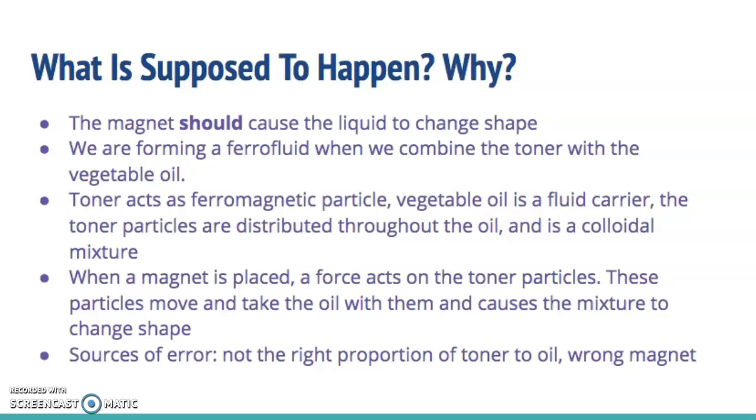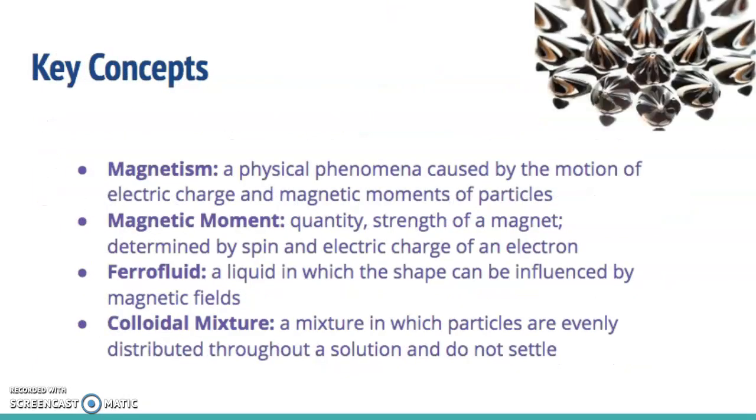But why should we see this? We should see this because we are making here a ferrofluid. So as we learned about before, a ferrofluid can be influenced by magnetic fields. It can have the liquid change shape due to a magnetic field.